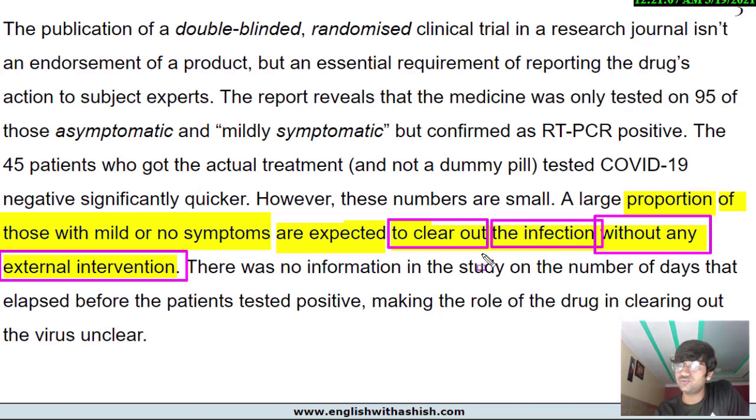How are they supposed to be cleared out? Without any external intervention. That means if they don't take any medicine, if they do not take any pill, they're expected, they'll be okay. They're expected to get free of the virus without taking anything, right? They don't need any medicine to get free of the virus, right? To clear out the infection, right?